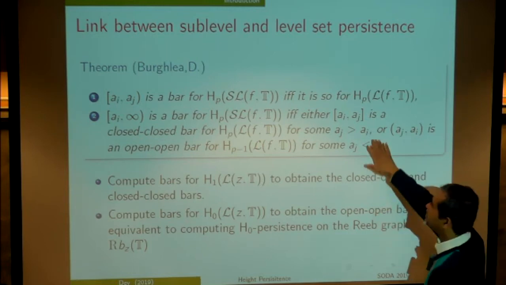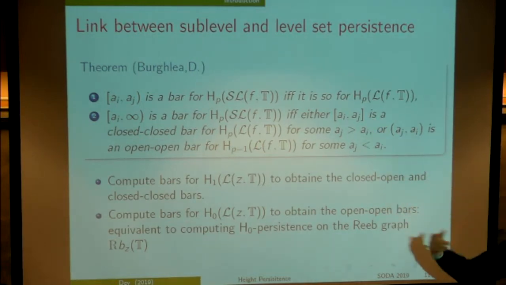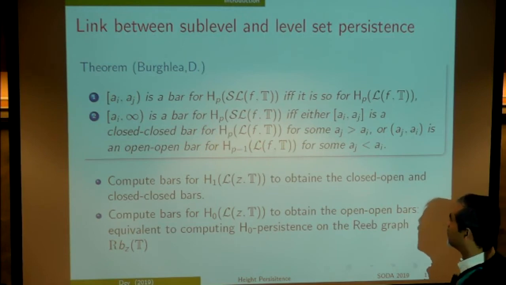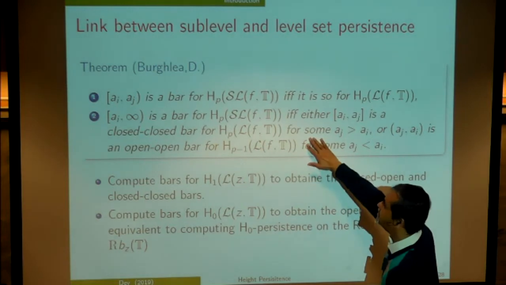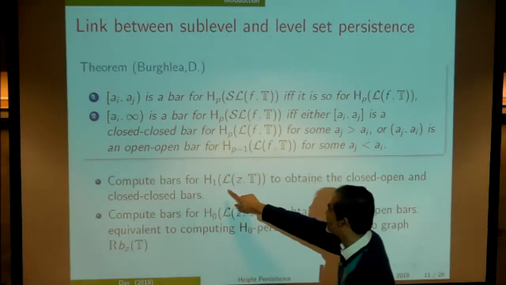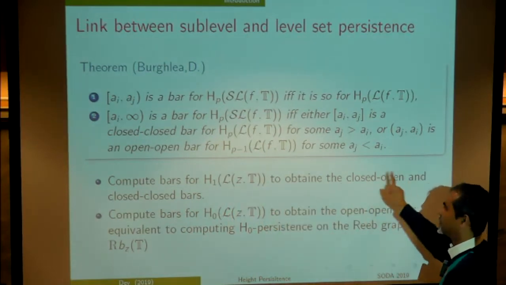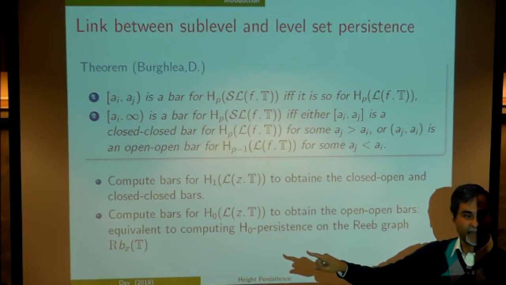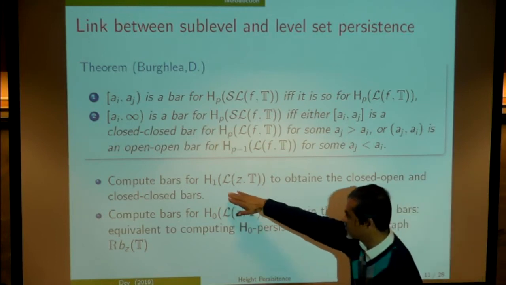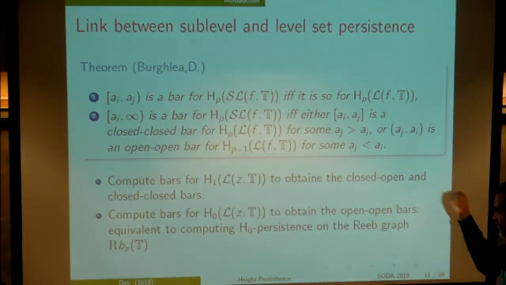Okay, so this is something which I use a lot. This is the basis of why I started looking into it. So first we compute, and this is exactly why I have these 2 sets. We compute the bars for H1 in the level set persistence to obtain the closed-open and open-closed bars, from the algorithm I told you.